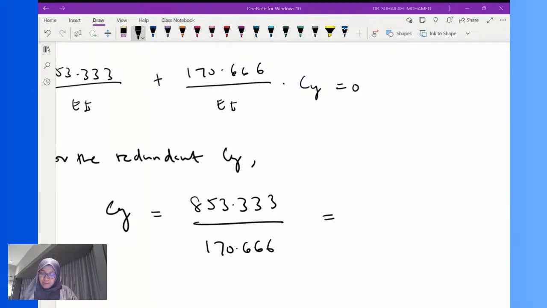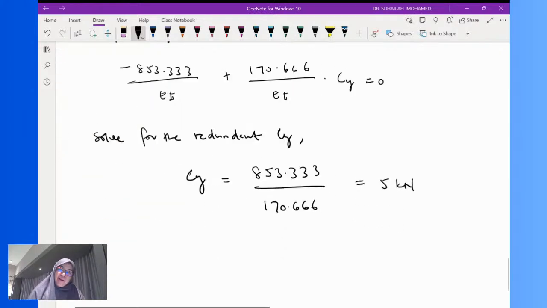The redundant value is 5 kilonewton. Okay, so 5 kilonewton.